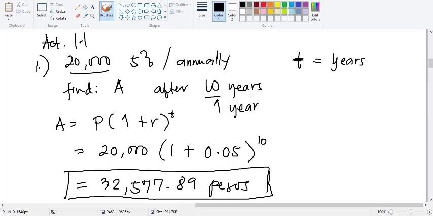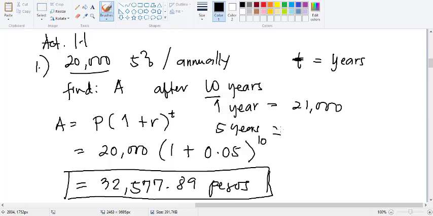So, 20,000, so 1 plus 0.05 to the power of 1, which is itself, times 20,000. 21,000 lang ang babayaran mo. 1,000 lang ang nadagdag. Okay? Let's say, 5 years mo lang siya kailangang bayaran. Let's see the difference between 5 years and 10 years. I'm using my calculator right now.